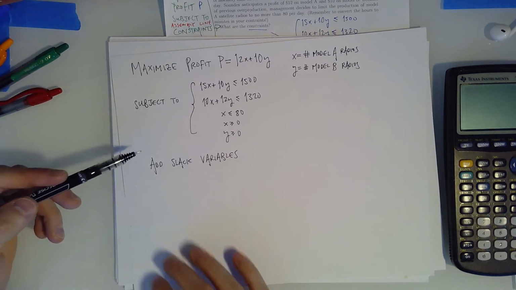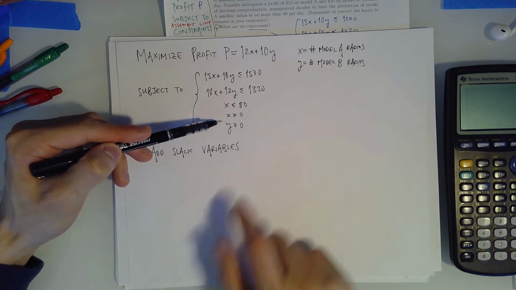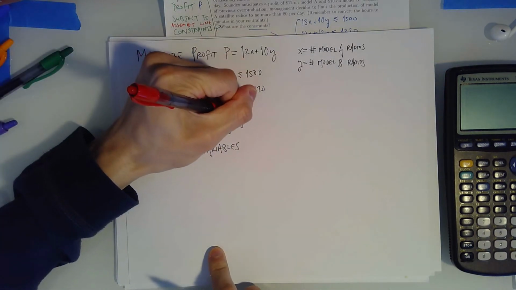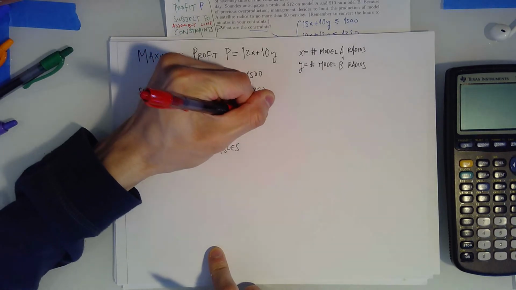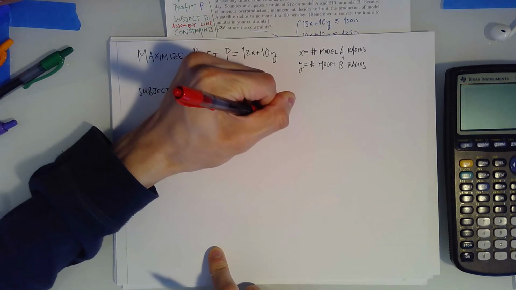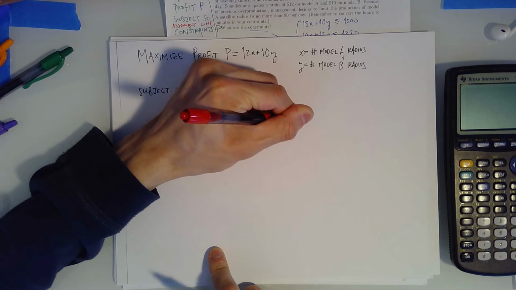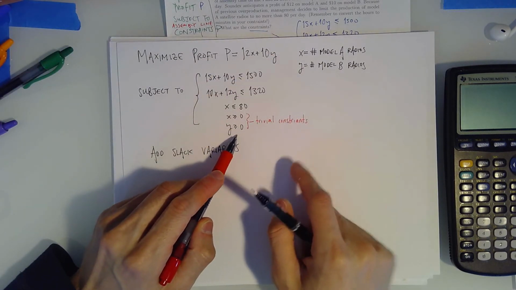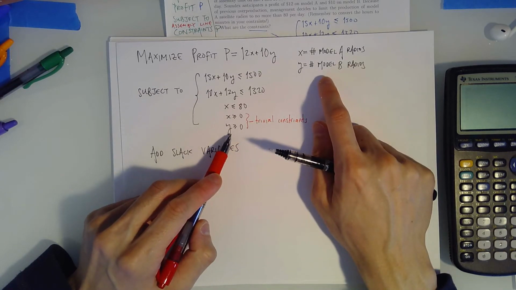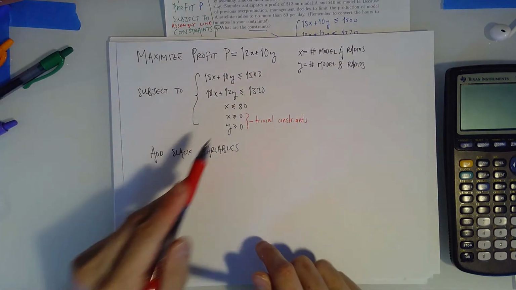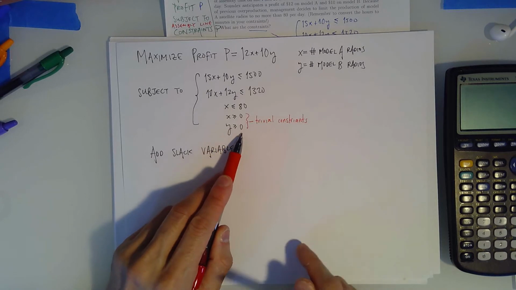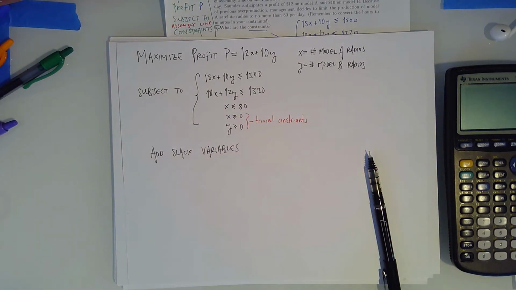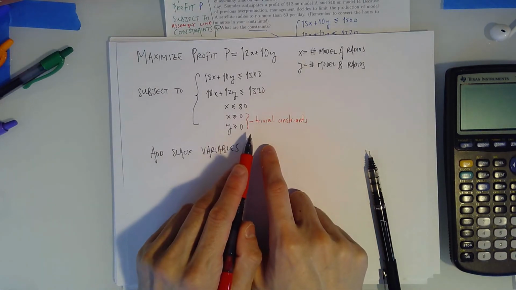For each of the constraints that are non-trivial, so this is what I would call the trivial constraints. When I say trivial, I just mean that they are sort of for free. You want to make non-negative, greater than or equal to 0, amounts of radios. You can't make a negative number of radios, so that's why these are kind of trivial.